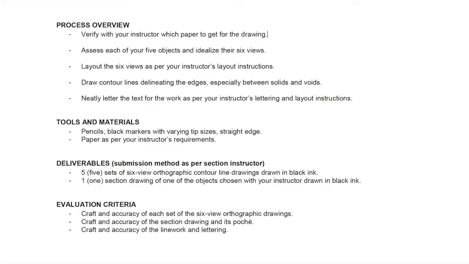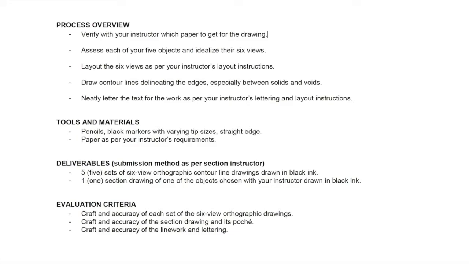Assess each of your 5 objects and idealize their 6 views. Lay out the 6 views per layout instruction. I'll get to that in a moment here. Draw contour lines delineating edges between solids and voids, as well as reflections and things of that nature. Letter the text for your work, per instructions. Materials: pencils, black markers with varying tip sizes or line weights, straight edges, triangles, or parallel liner.